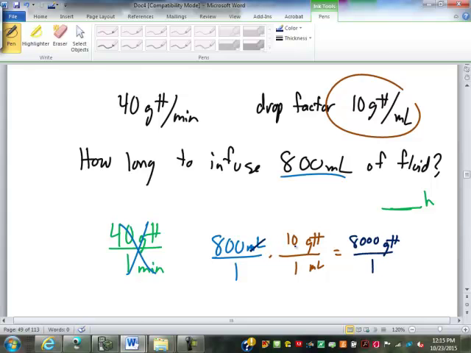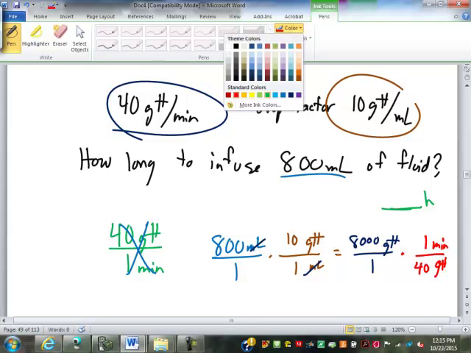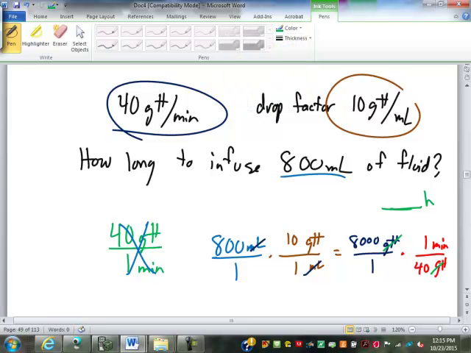The milliliters cancel out, so that's 8,000 over 1. And now 40 drops per minute. I'm going to get rid of my drops. The 40 drops are going to go on bottom, so that the drops cancel out. 1 minute on top. So the drops cancel out.